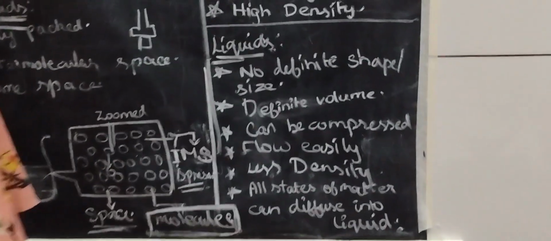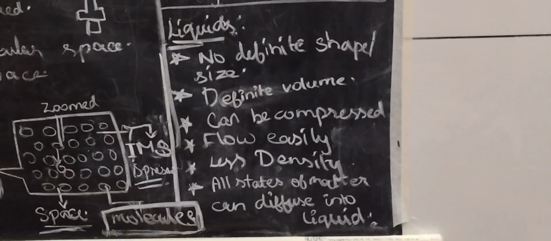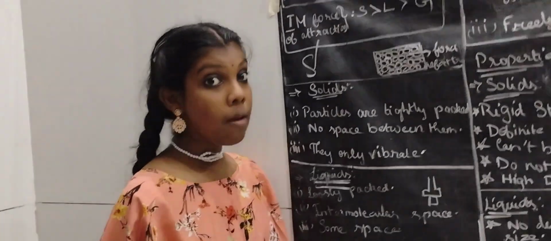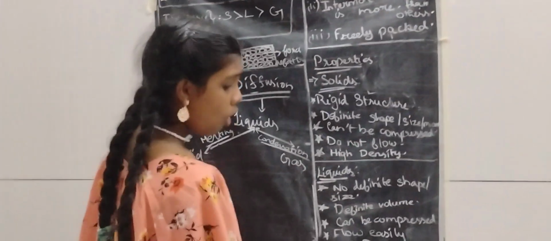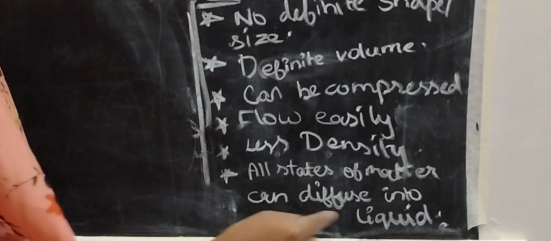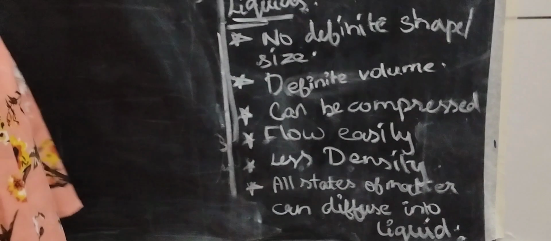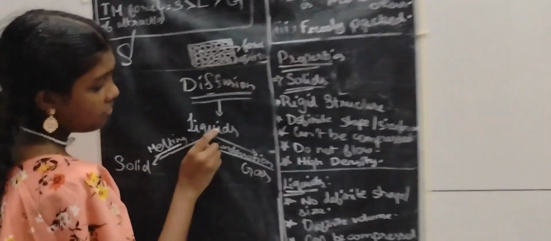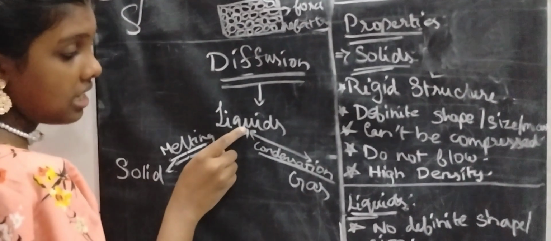Now, the last property of liquids is that all states of matter can diffuse into liquid. This is a very important property. So let's see how it can diffuse.